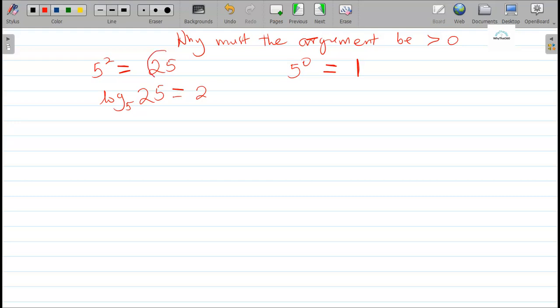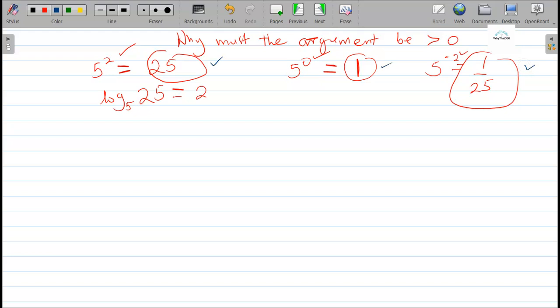The answers: 5 to the power 2 is 25, 5 to the power 1 is 5, 5 to the power 0 is 1, 5 to the power negative 2 is 1 over 25. The power can be a real number, positive, 0 or negative, and the answer is always positive: 25, 1, 1 over 25.